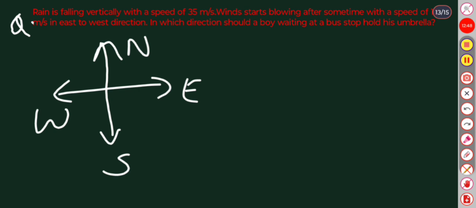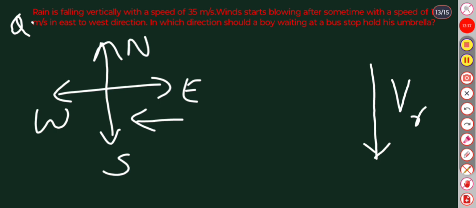Rain is falling vertically with a speed of 35 meter per second, so this is the direction of rain falling, and this is VR, the rain velocity. Wind starts blowing after some time with a speed of 12 meter per second in the east to west direction.